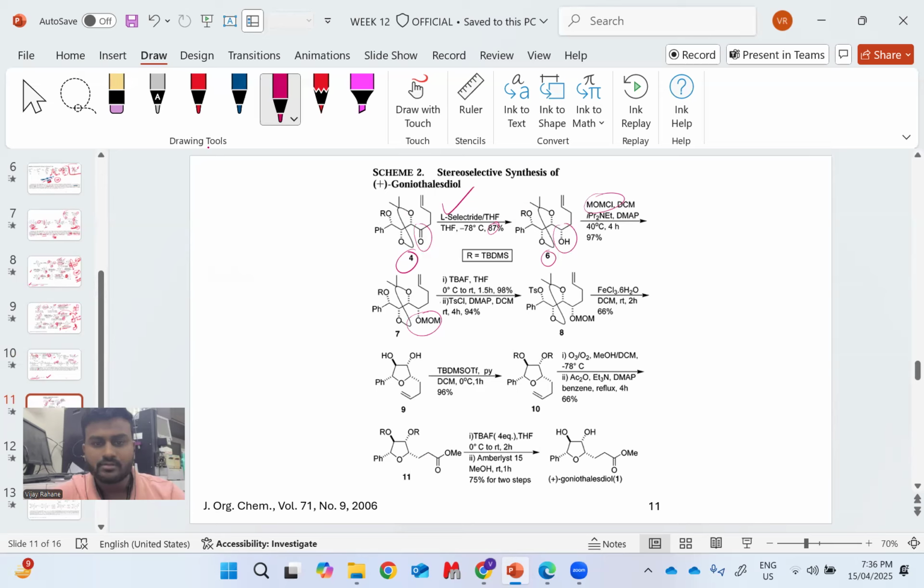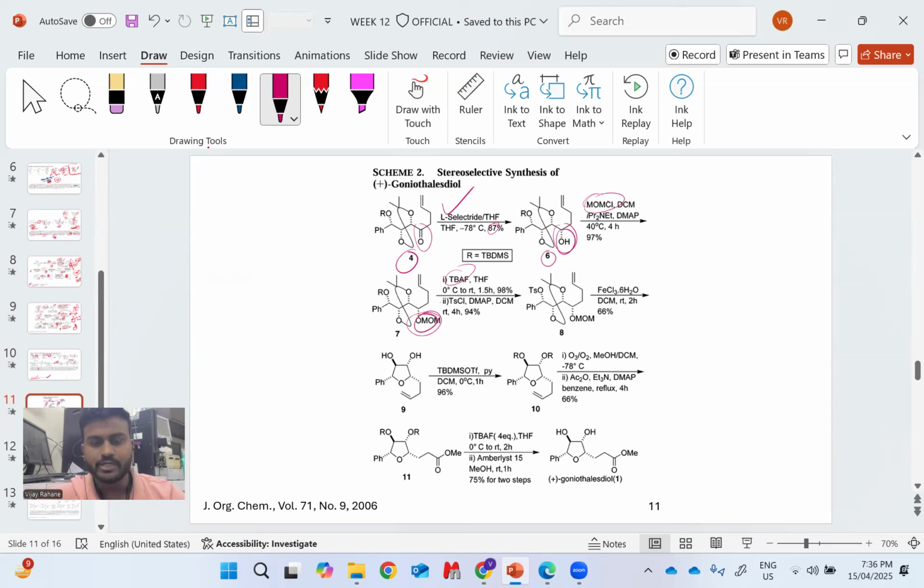And why have they protected it? Because first it is protected, and again here it is deprotected. Anyway, basically this MOM chloride is used to protect this hydroxy group.